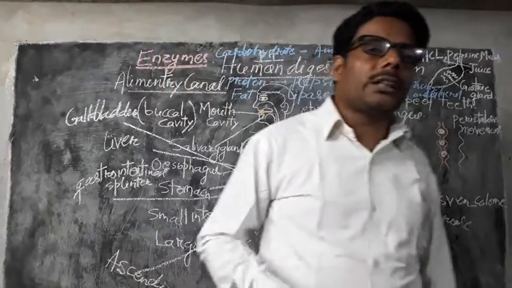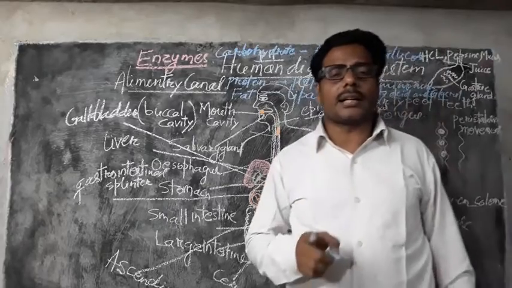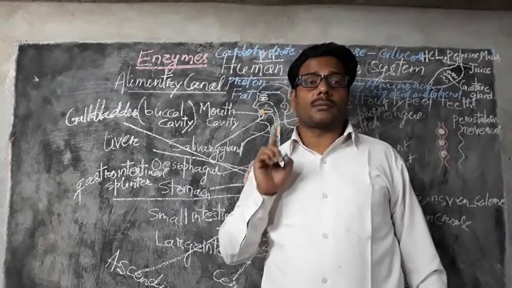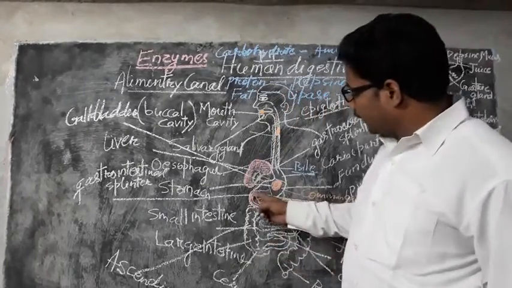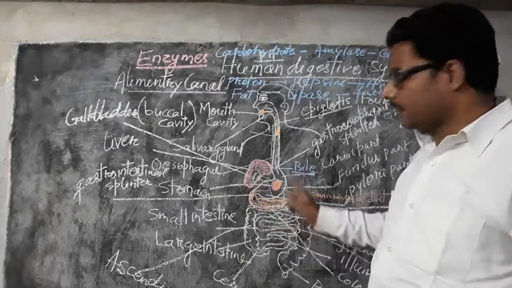So the small intestine is the main region where the complete digestion takes place, where the digestion gets completed.